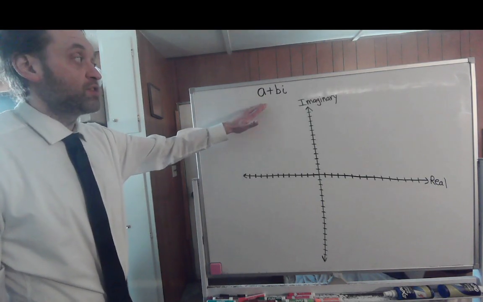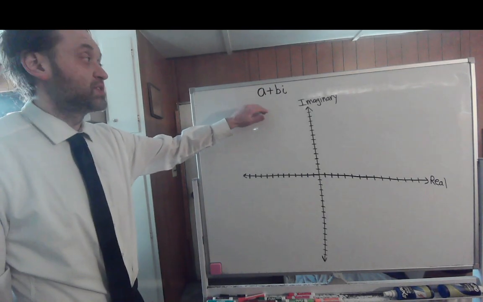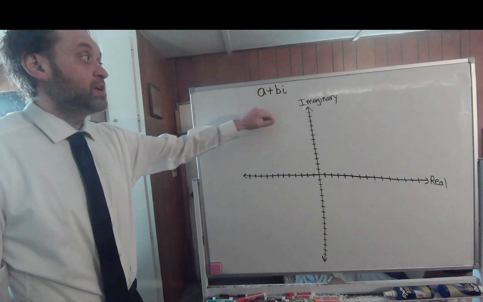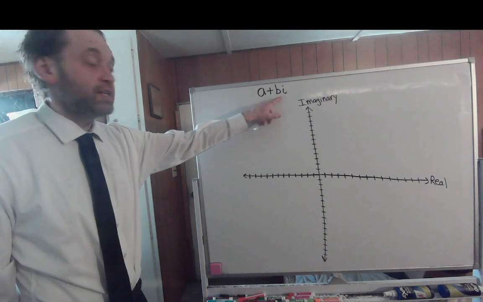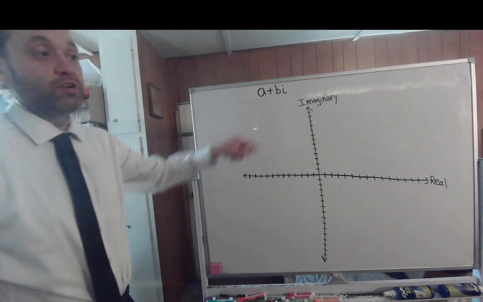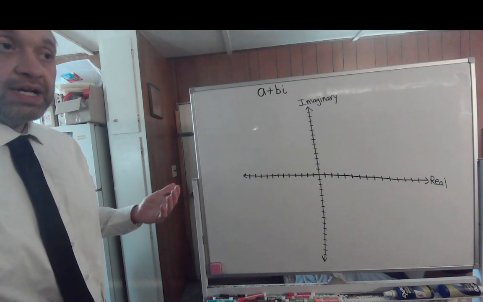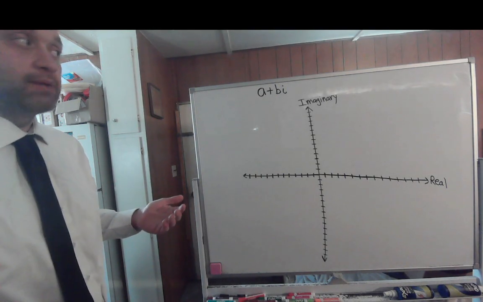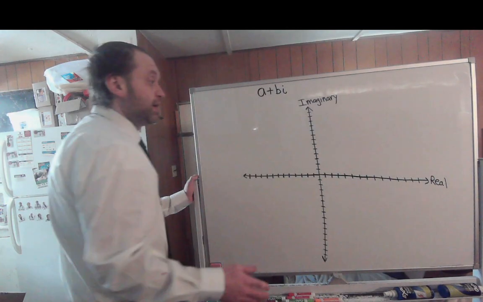That is the standard form of a complex number, where a is some constant that's a real number. Then you have your bi, where b is the coefficient of the i term, which is the imaginary term. If you take a real and an imaginary number, add them together, you get what's called a complex number. And you can plot those in the complex plane.